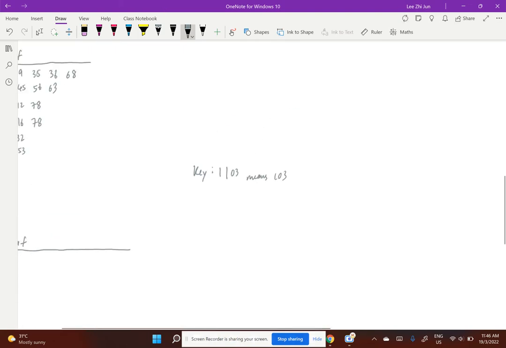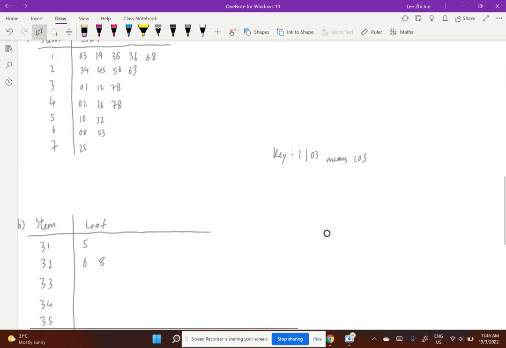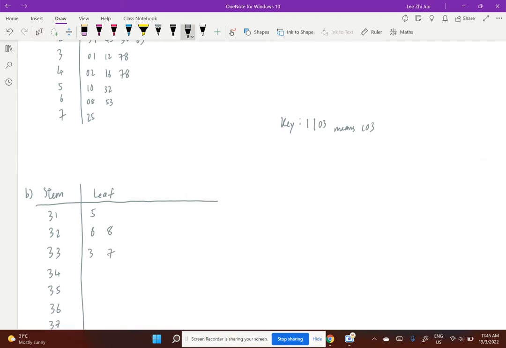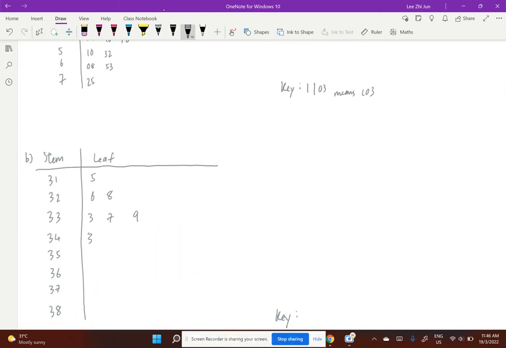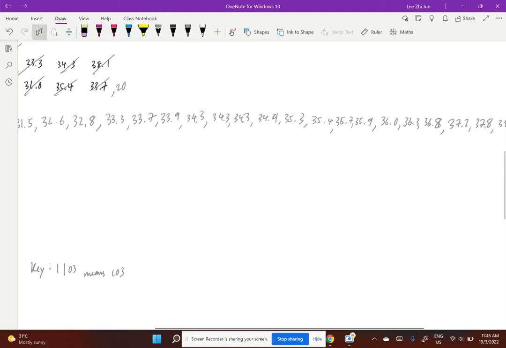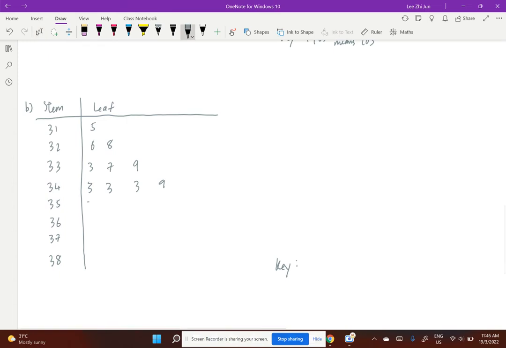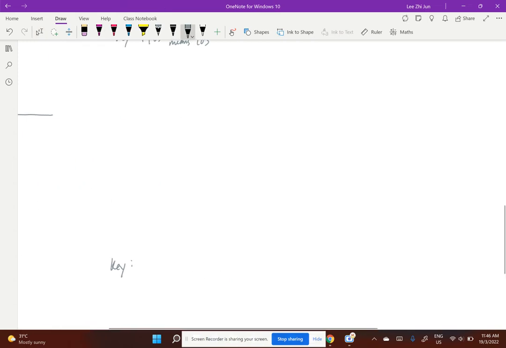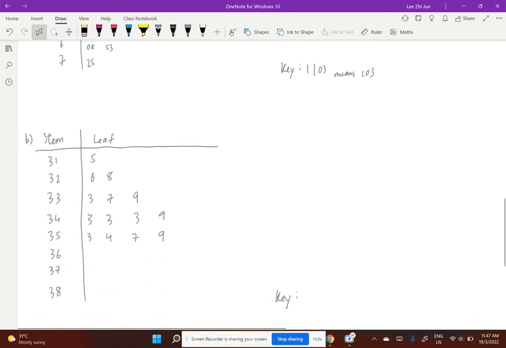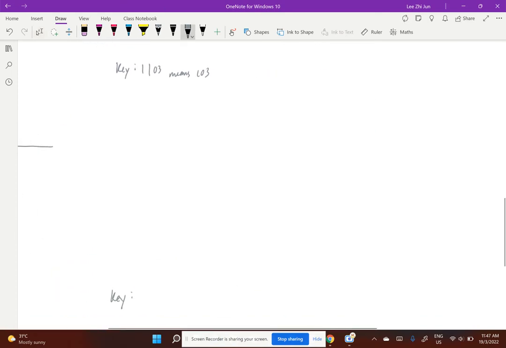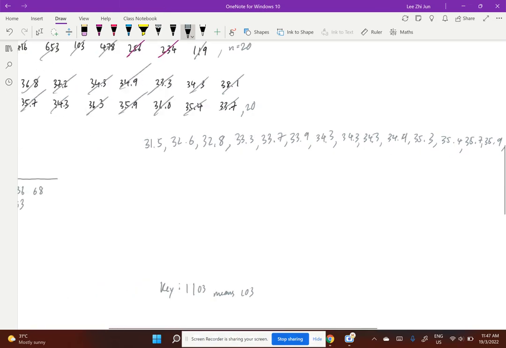31 has 5. 32 has 6, 8. 33 has 3, 7, 9. 34 has 3, 3, 3, 9. 35 has 3, 4, 7, 9. 36 has 0, 3, 8. 37 has 2, 8 and 38 has 1.